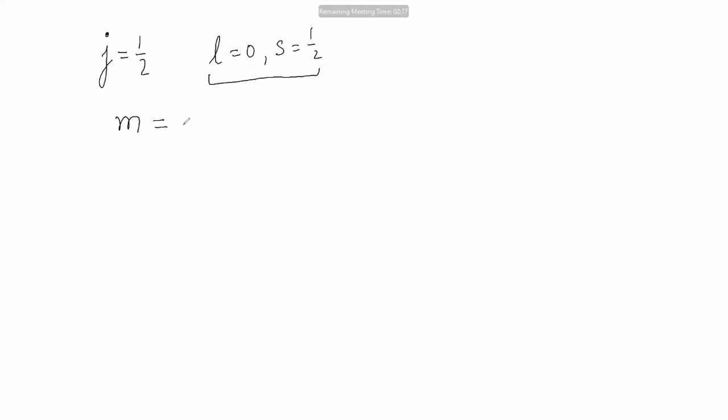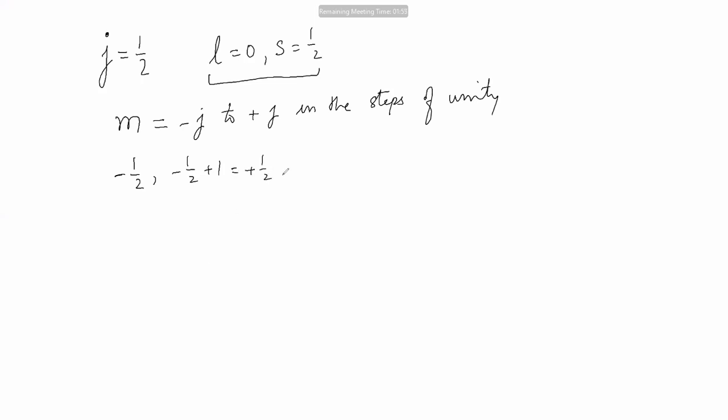From minus J to plus J in the steps of unity. That means this will be minus half and then minus half plus 1, that is equal to plus half.